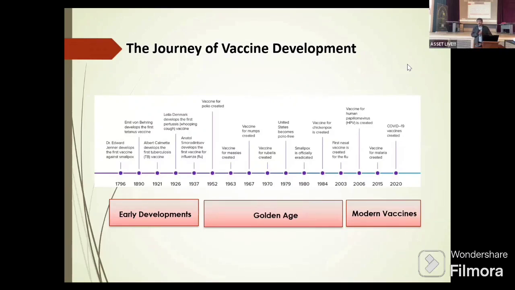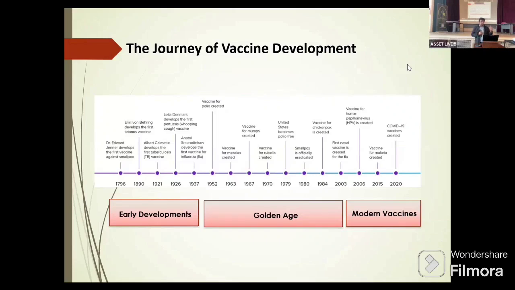But from the 1800s to 2020, there has been tremendous change in the manufacturing and discovery of vaccines. The early period, where they had not used recombinants or any novel technology, we call the early developments. But there was a great impact from vaccinations, for example the smallpox vaccine, the tetanus vaccine, the TB vaccine, and the influenza vaccine.